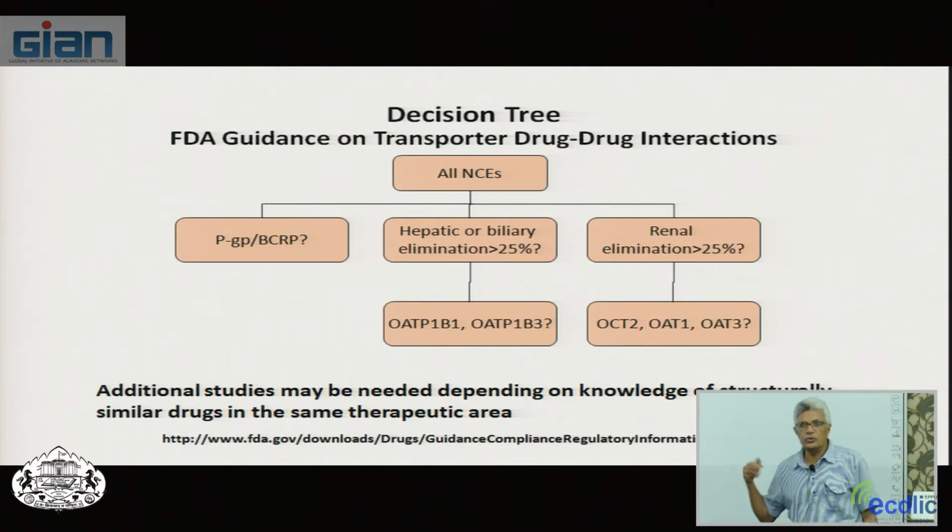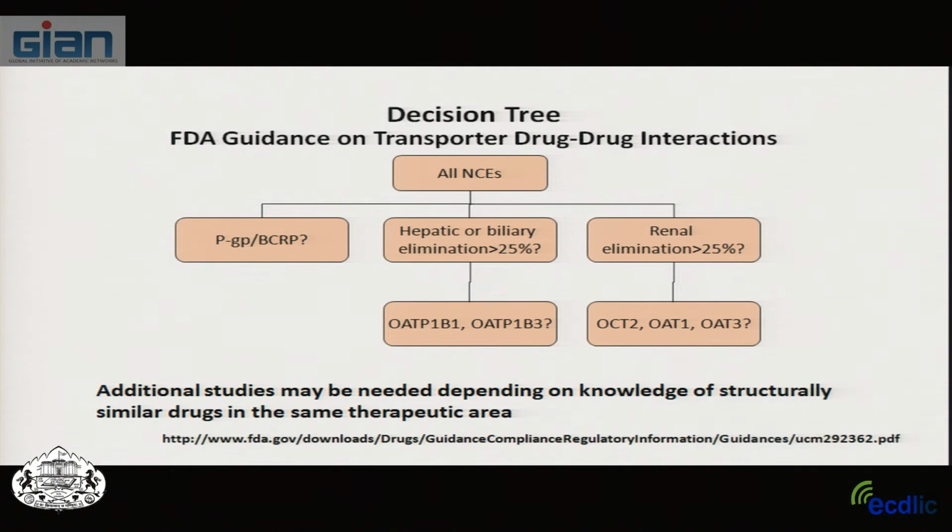So if you go through this FDA website, you will see some of these decision trees. For all the new chemical entities, are they interacting with PGP or ABCG2? Is the hepatic or biliary elimination more than 25%?